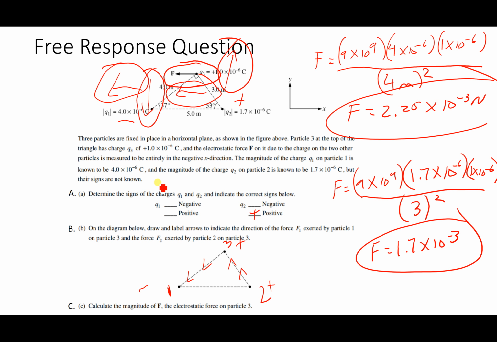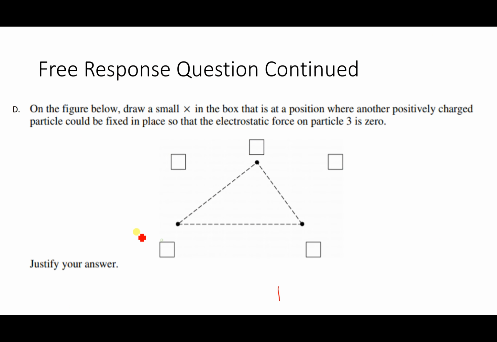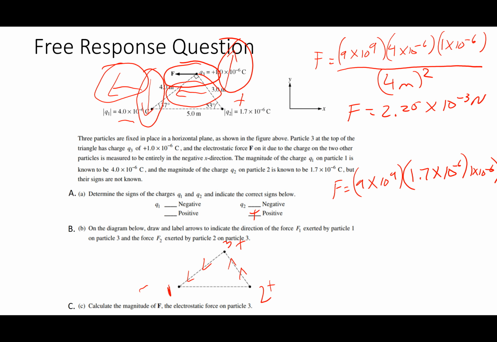So we're going to have a force. Let's say this is our normal line. So that force is getting pulled like this, where we have an angle. Let's try that again.